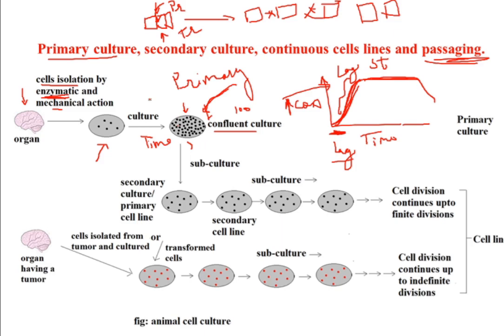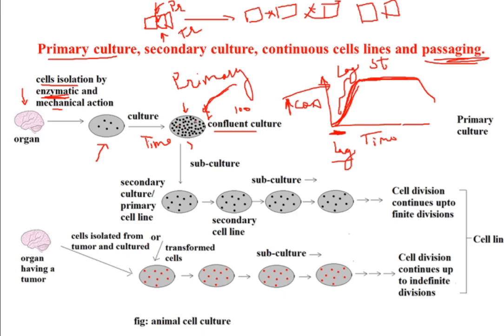So once 100% confluency is achieved, the cells form a uniform monolayer and stop dividing. At the same time, the cells start accumulating secondary metabolites, which may be toxic for further growth. Metabolic waste, so that is going to be toxic.